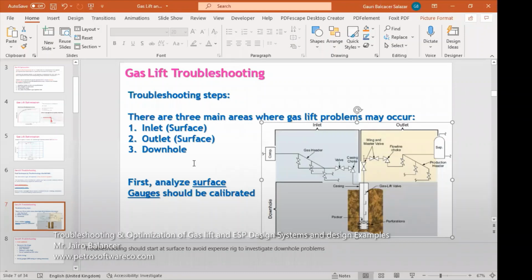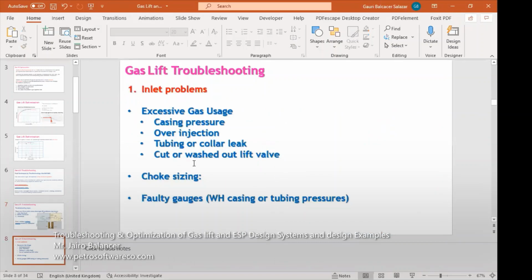So first, analyze starting from the surface. Gauges should be calibrated, because sometimes you get problems and wrong readings, and it is related to calibration. Inlet problems: excessive gas casing pressure or injection, tubing or collar leak, washout of the gas lift valve.